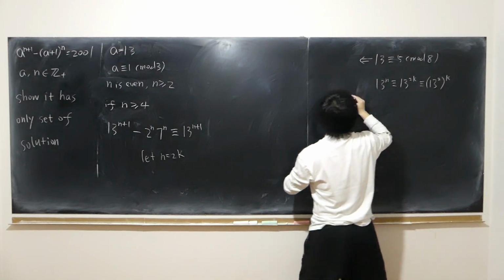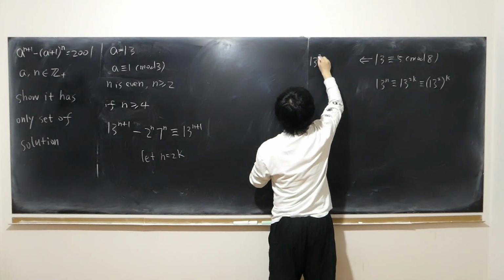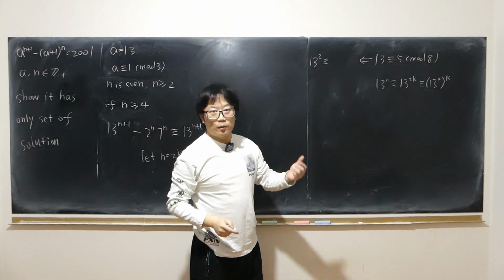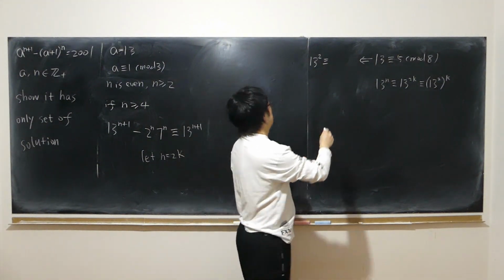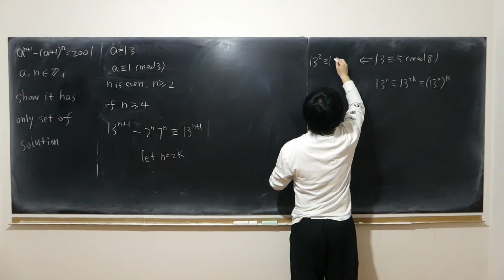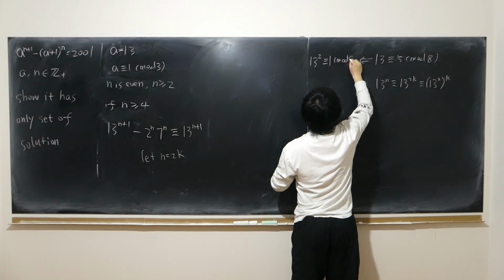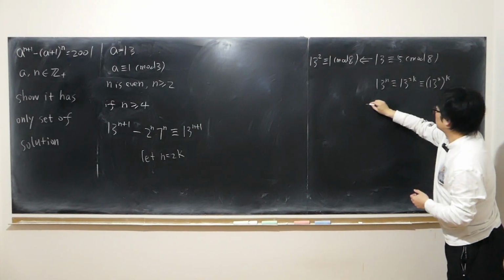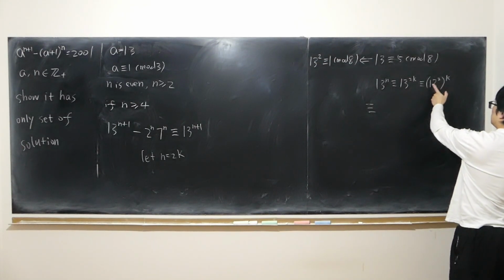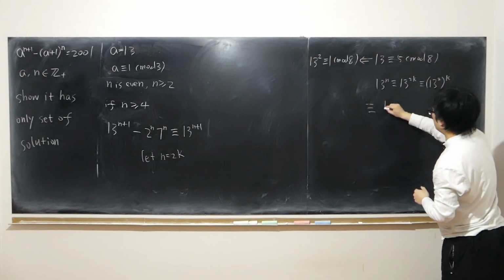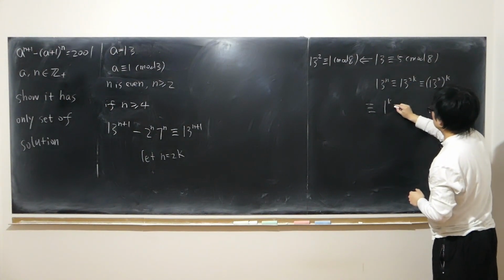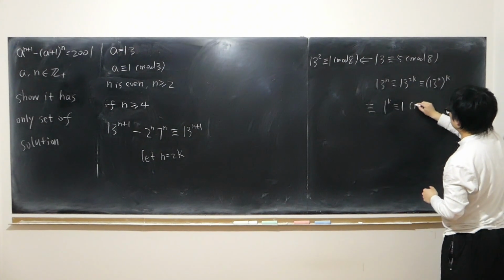I immediately deduce 13 squared is congruent to 5 times 5, which is 25. 25 divided by 8, remainder is just 1, mod 8. So this comes to 1 to the power of k, that's congruent to 1 mod 8.